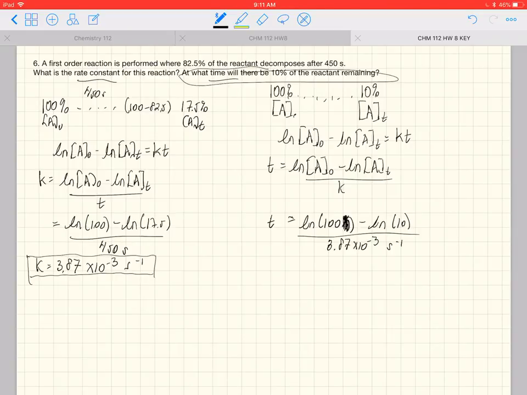Okay, and so the time there is going to be, let's punch this into our calculator. Divide 3.87, exponent 3 minus. The time is 595 seconds.